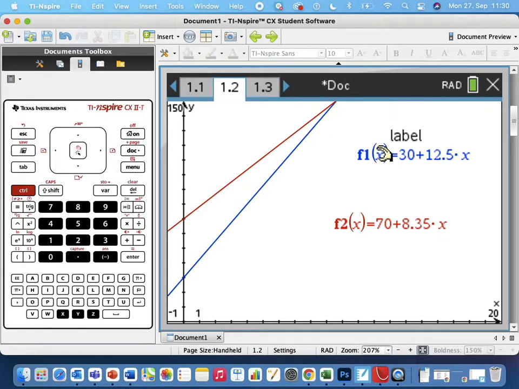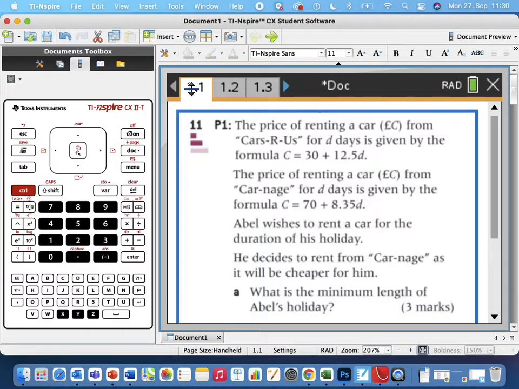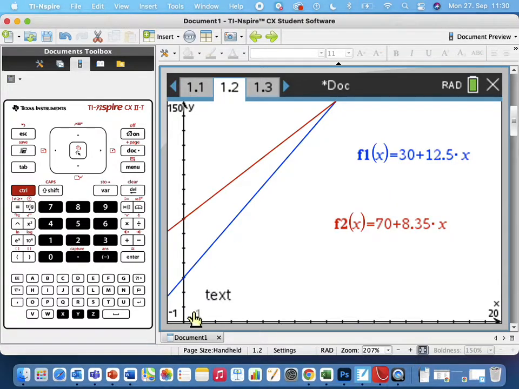So you can see what's happening if we go back and look at the variables. D is the number of days, and C is the cost in GB pounds. So look, this blue is clearly cheaper than the red because it's below it. So this visual tells you very clearly what's going on.